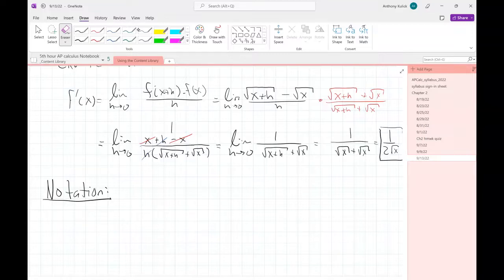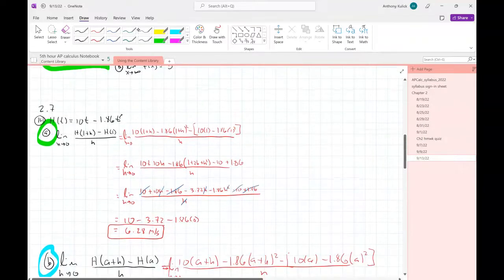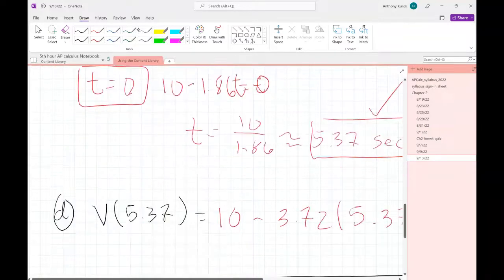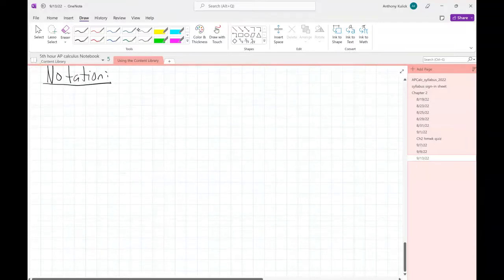You could absolutely do that. Or you could have done what we did last chapter, when we did part A here, where I did that limit of 1 plus h, so there's no x's in it. Or you could do it with the x and then plug the value for x in at the end. Either one is fine. Whether you plug the x in at the start or at the end, you're doing the same thing.